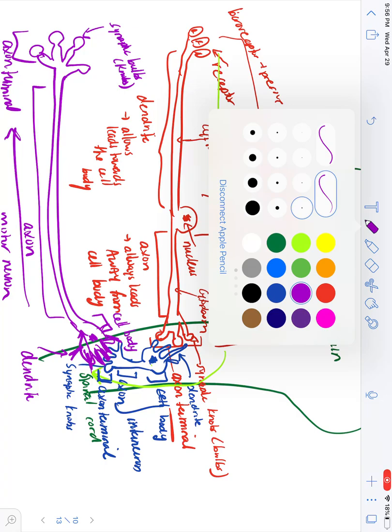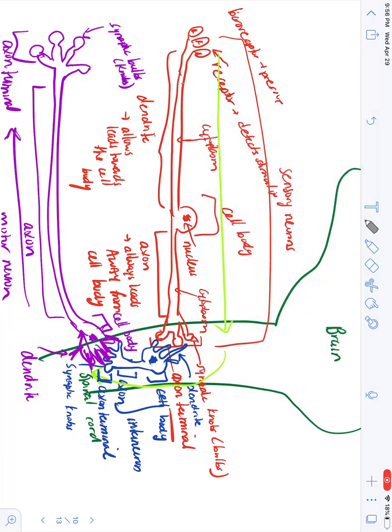Now there is another structure that you have to know that is found in these neurons. You have this structure that surrounds the axon, and I'm drawing it in a different color because it's actually a different kind of cell that makes up this myelin. Okay, this is the myelin sheath.